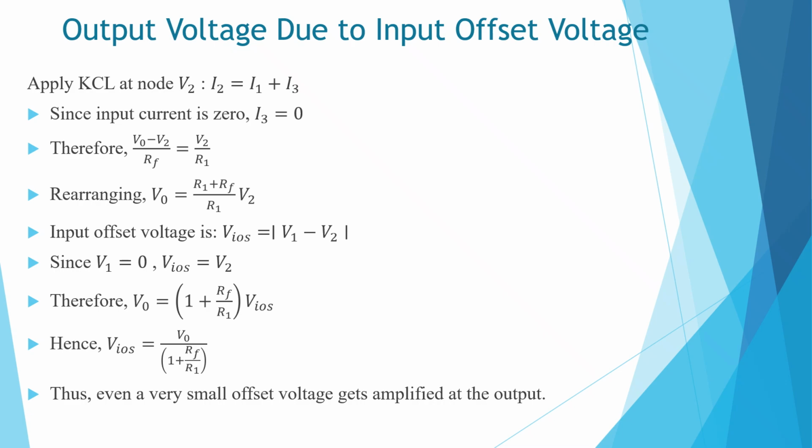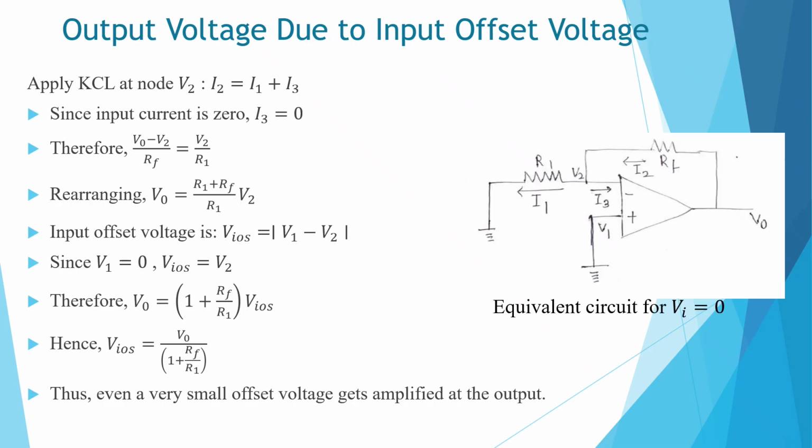By applying Kirchhoff's current law at node V2, I2 is equal to I1 plus I3. Since the op-amp input current is ideally 0, I3 will be equal to 0. Therefore, the current through the feedback resistor equals the current through the input resistor.